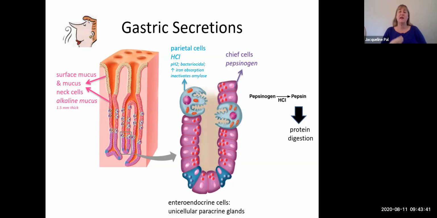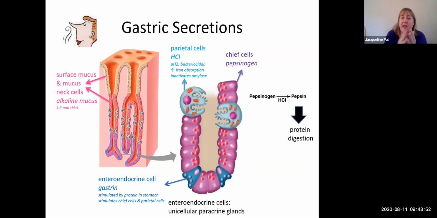In other words, they're not going to act on themselves, but on the nearby cells. In the stomach, these dark blue triangular cells are the enteroendocrine cells. In the stomach and the rest of the intestine they all have specific names, but we're not going to bother learning them. We're just going to call them all enteroendocrine cells.